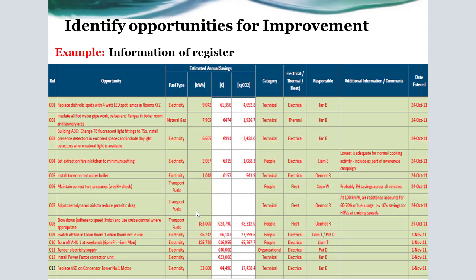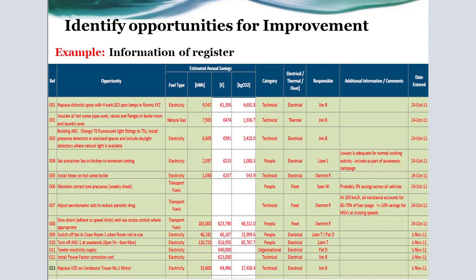As we see, the important issue that we must pay attention to is the value of saving. Here is a large value, and here also a large value of electricity saving, and the cost represents a higher value, and the reduction of CO2 emissions is also high.